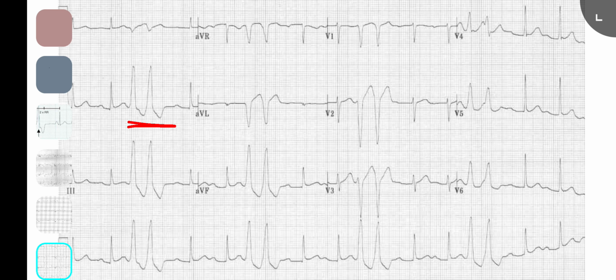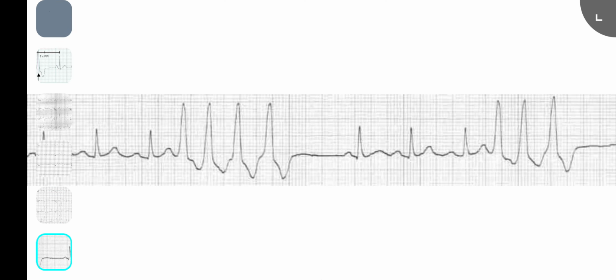Then the next thing is couplets. You see two PVCs coming together, that is called couplets. Then it can happen that three PVCs come together. That is called triplets. The other names for triplets are short bursts of VT, or non-sustained VT.